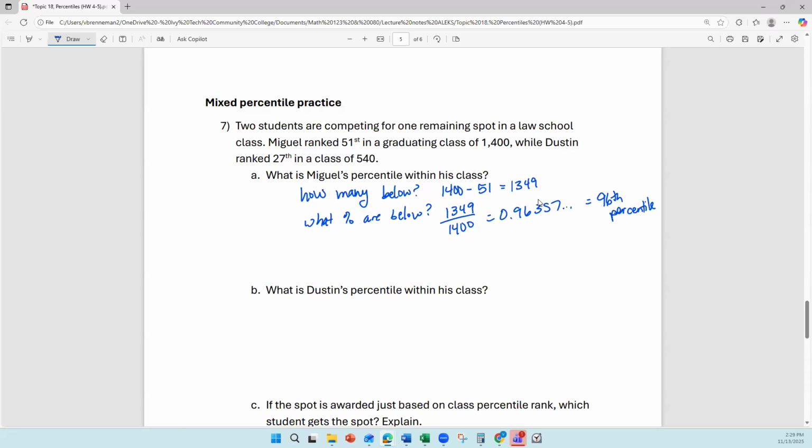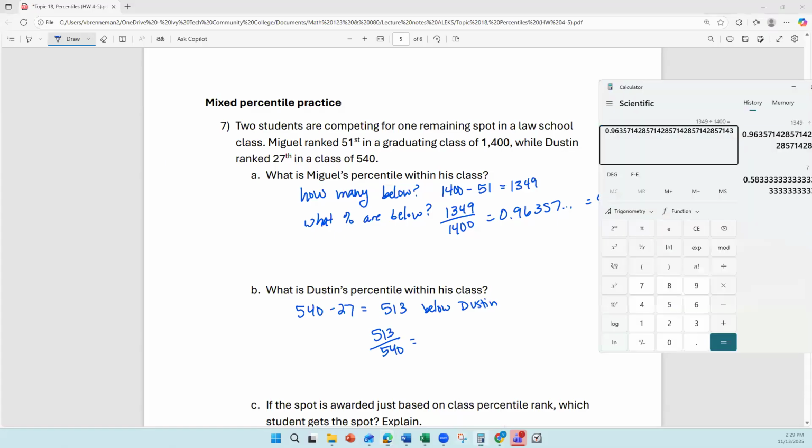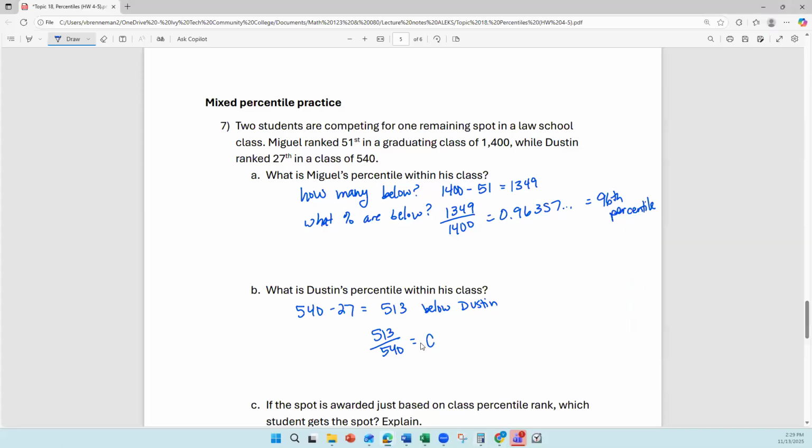Then Dustin is 27th out of 540. So 540 minus 27, 513 below Dustin. And that's 513 out of 540. So the percent that are below Dustin would be 513 divided by 540 is 0.95, which is 95%.